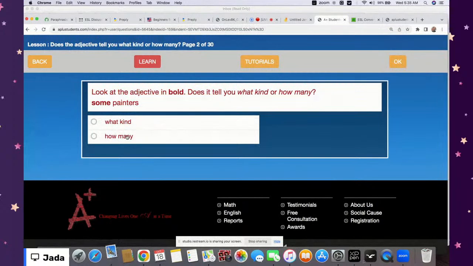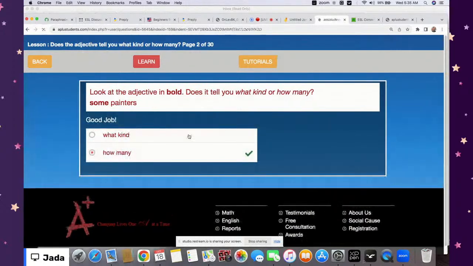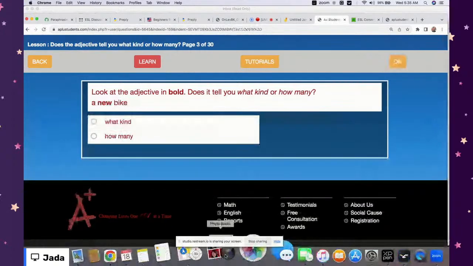The first or the second? We have how many, because it's telling us some painters, right? If I ask how many painters do you see there, you say, I see some painters.